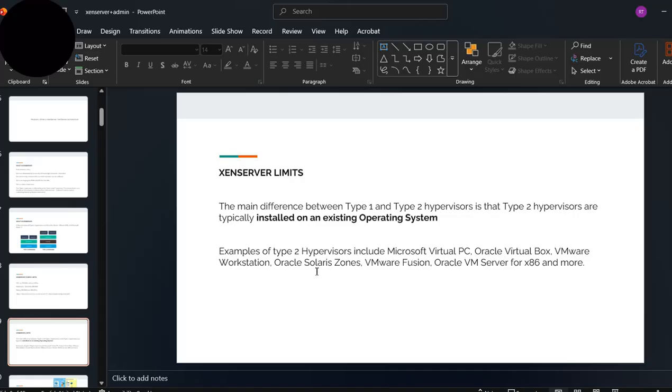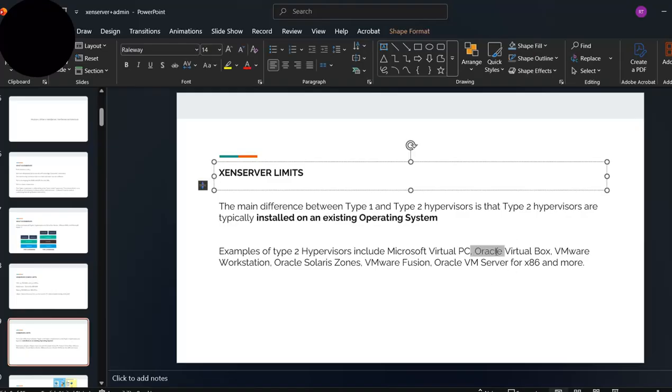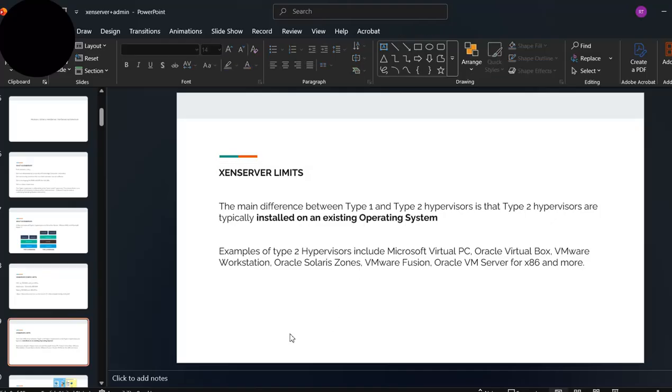When you install Oracle VirtualBox or VMware Workstation on our Windows or Linux PC, then our VMs are installed on this Oracle VirtualBox or VMware Workstation, etc. This is the main difference between type 1 and type 2 hypervisors. I hope you are clear.